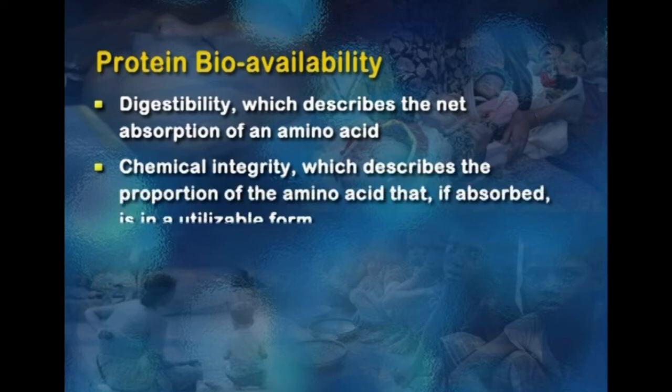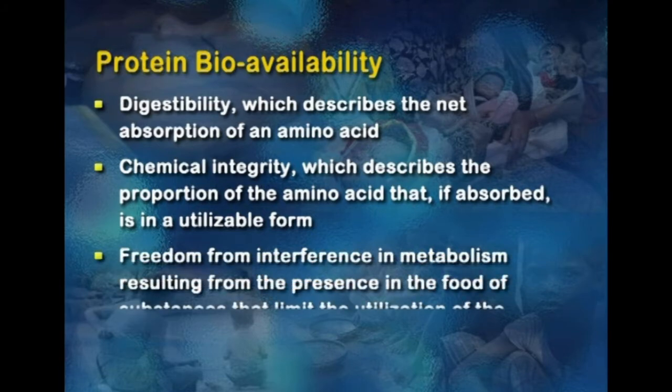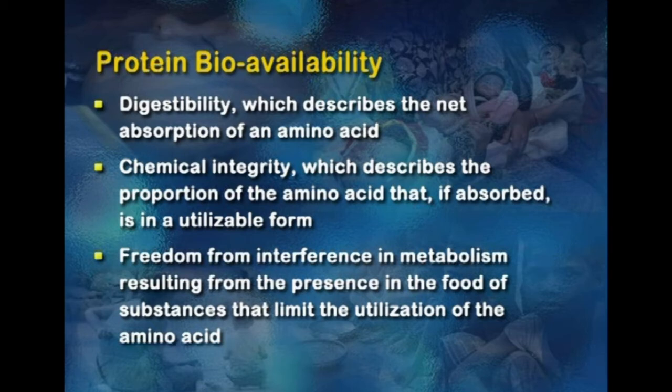It describes the proportion of the amino acid that, if absorbed, is in the utilizable form. Number 3, freedom from interference in metabolism resulting from the presence in the food of substances that limit the utilization of the amino acids.